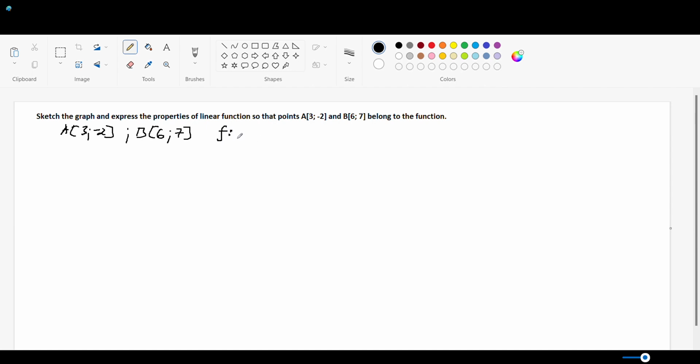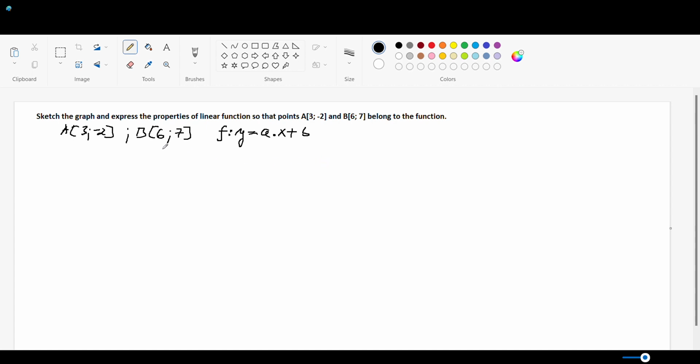In our case it was y equals a times x plus b, where a and b are any real numbers, so coefficients.